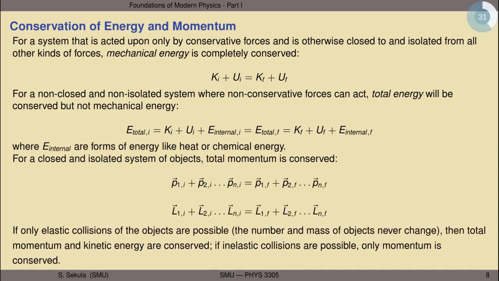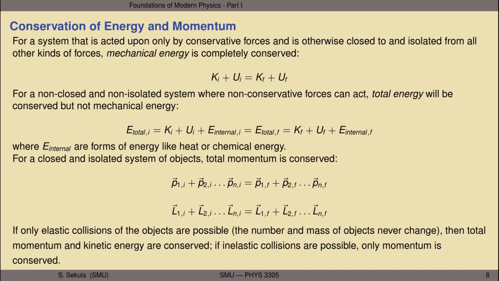And for a closed and isolated system of objects, total momentum, both kinds, linear and angular, is conserved. So if I sum up all the linear and all the angular momentum at one initial time, ti, I will find later on that the sum of all linear momentum and all angular momentum is the same, even if it's been interchanged between objects, maybe they've collided with each other, things like that.